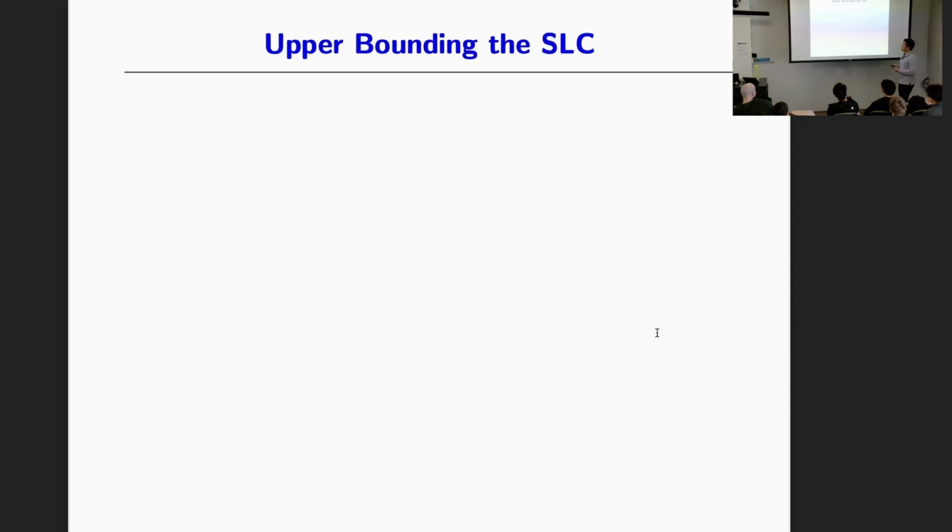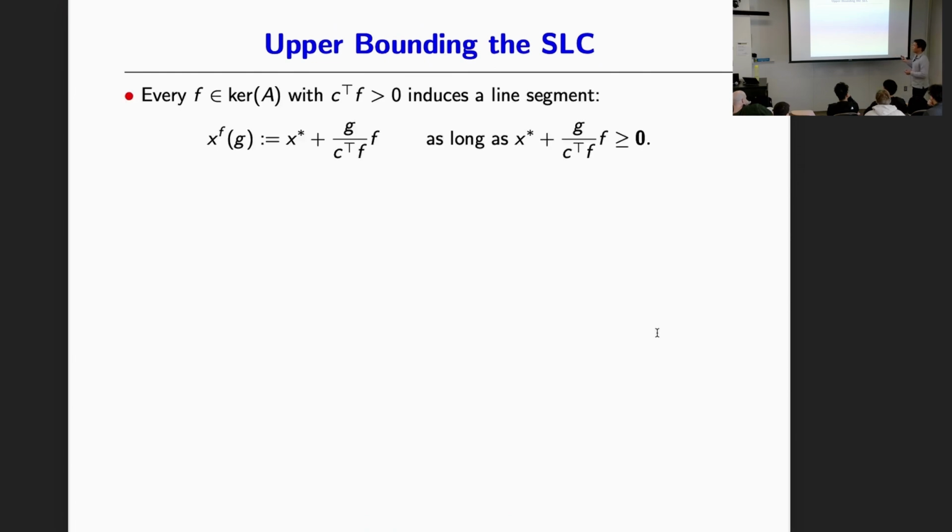So we're going to heavily exploit the structure of generalized flow circuits to upper bound the straight line complexity. But before I go into that, I'll give you a general recipe for upper bounding the straight line complexity of your favorite LP. Let's take a vector f in the kernel of A, and let's assume it has positive cost.